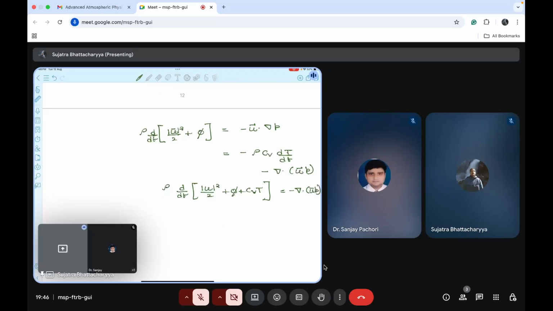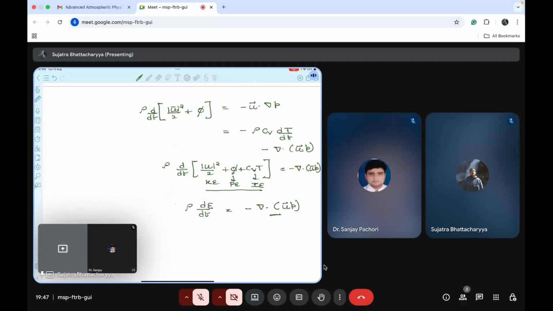So what we can say here is that this is kinetic energy, this is potential energy, and this is the internal energy, cvT. So the total energy, rho times d dt of E, is not conserved. It depends on this. But globally, when you do integration, this divergent term will go because there will be a complete global integration.